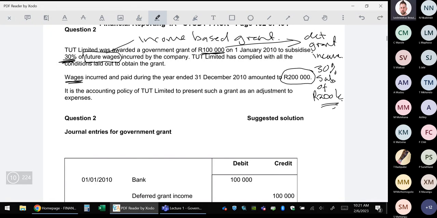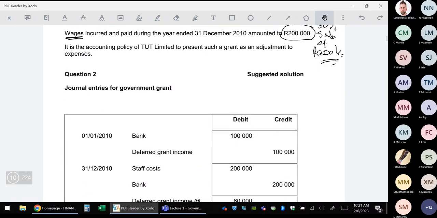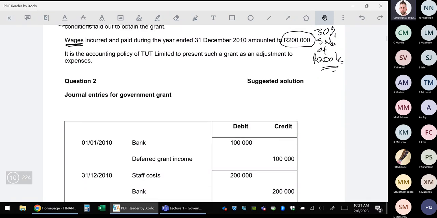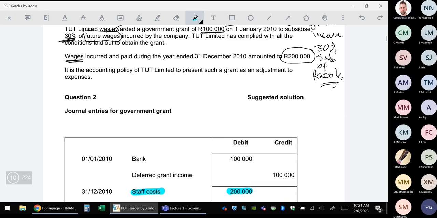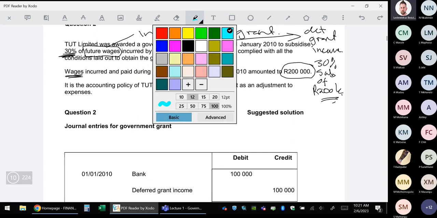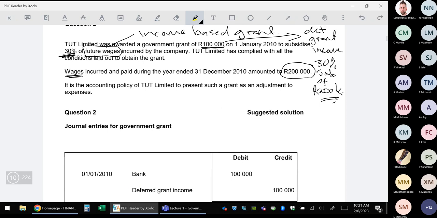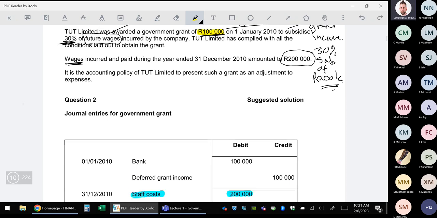All right. So in the current year, we can say our salaries is 200,000 and we received a grant of 100,000.